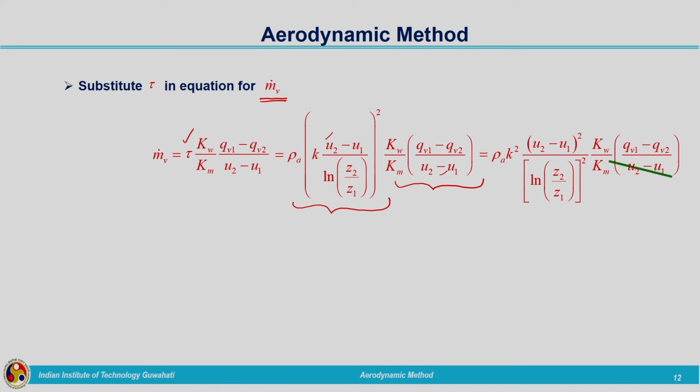So, in the numerator we have u2 minus u1 all square, and that gets cancelled, and the final expression takes this form: kW k square rho a qv1 minus qv2 u2 minus u1 divided by km ln z2 by z1 all square. When you derive step by step you will get this equation. It will be slightly difficult to remember, but step by step derivation will lead you to this final expression.